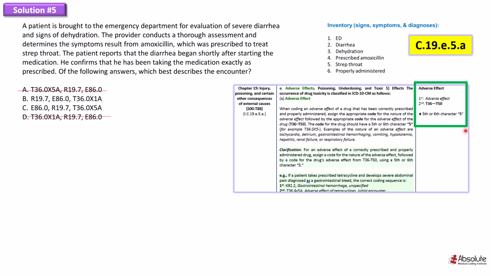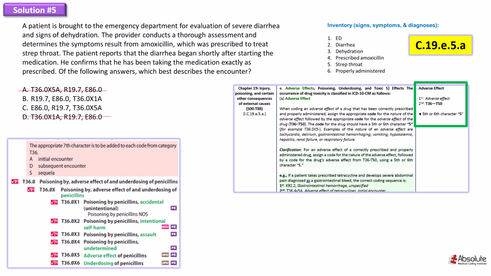And second, remember that that fifth or sixth character has a 5 in it. That's just a tip that I want you to have. You can apply it when poisoning is the answer, because you can rest assured that adverse effect code will be one of the answers you get to eliminate. So you can eliminate it on site. Just saying.